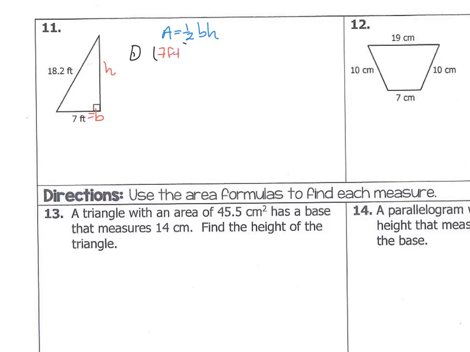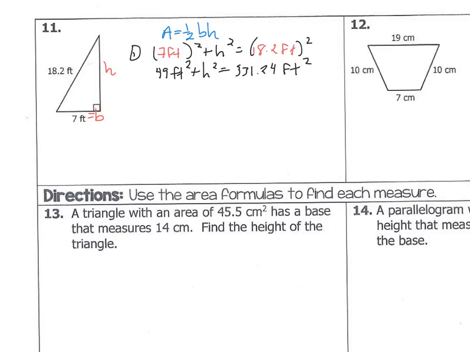and I'm going to square it. I'm going to add to that the h squared, and then the hypotenuse is your 18.2 feet, and we're going to square that. So 7 feet squared is 49 feet squared plus h squared equals, and then on your calculator, 18.2 squared is 331.24 feet squared.